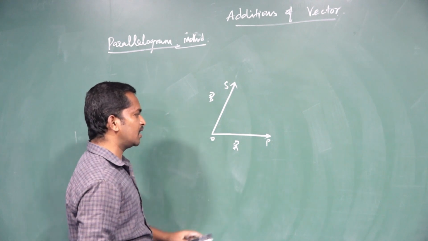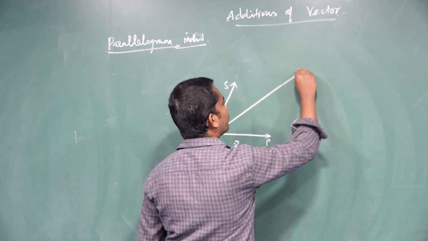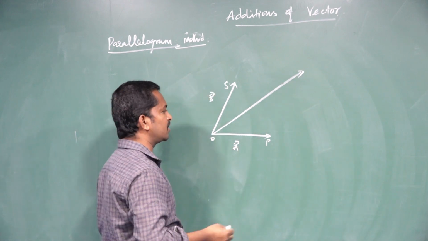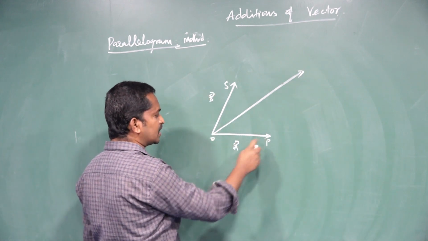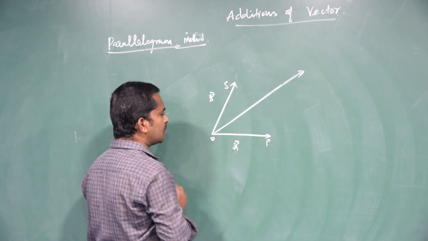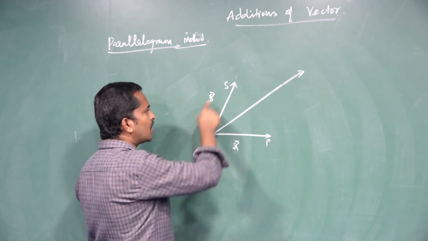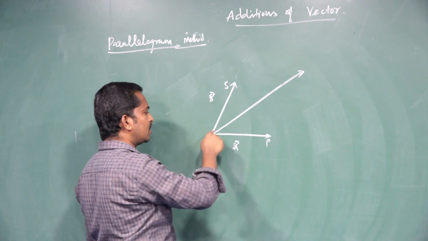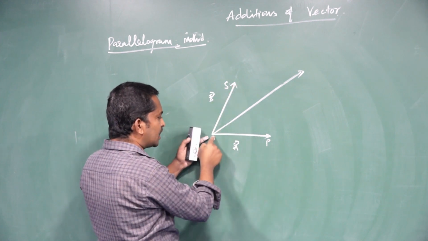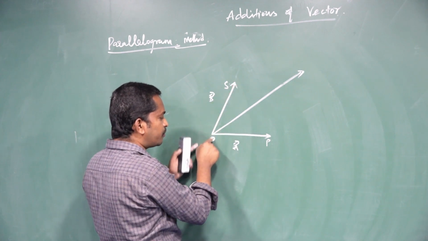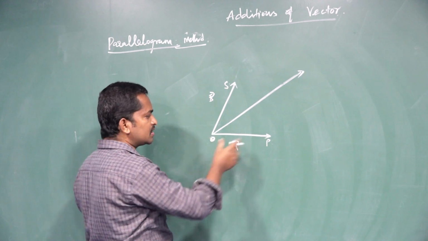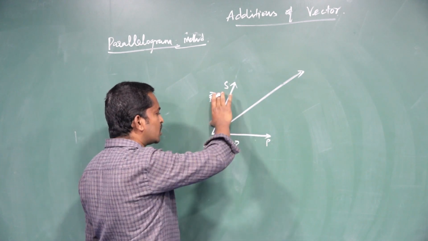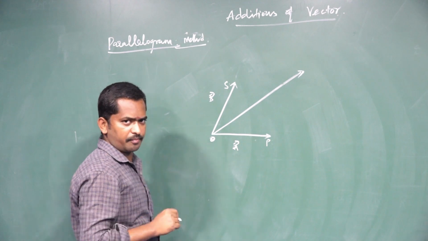The resultant vector must be the diagonal of the parallelogram. This is a very easy one. OP is A vector, head and tail, and the point is O, and this is B vector, with two tails joined at point O. OP and OS are the two adjacent sides of the parallelogram.